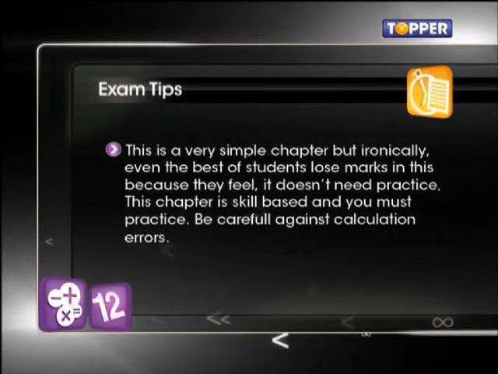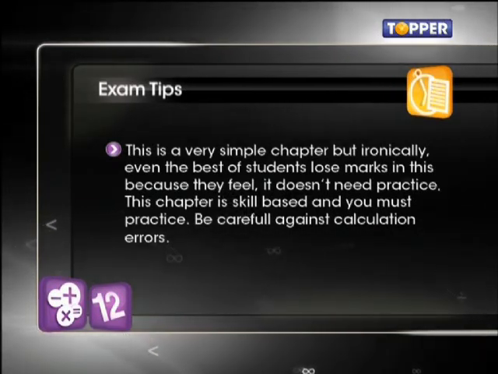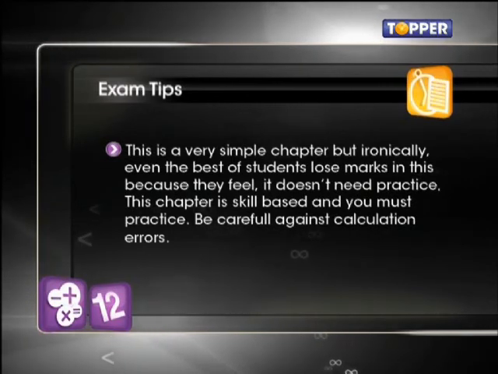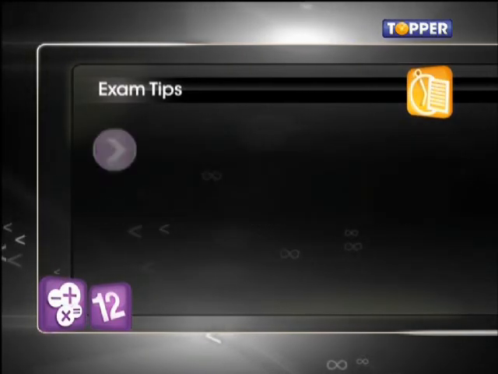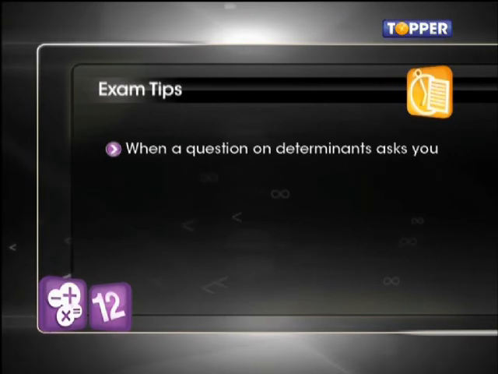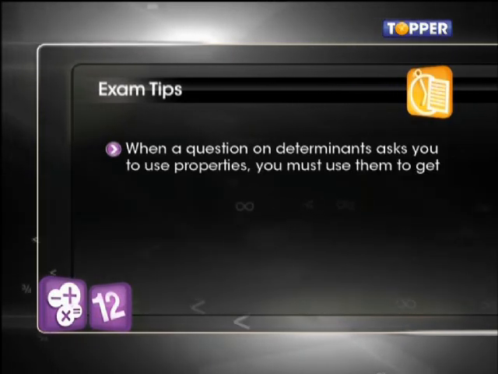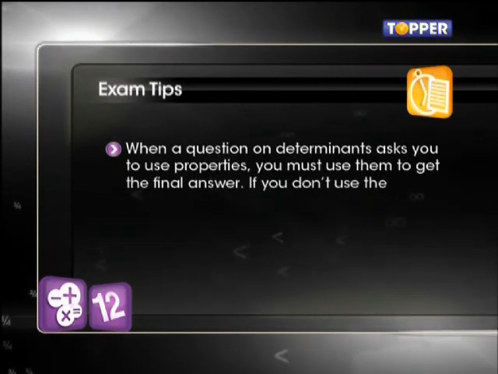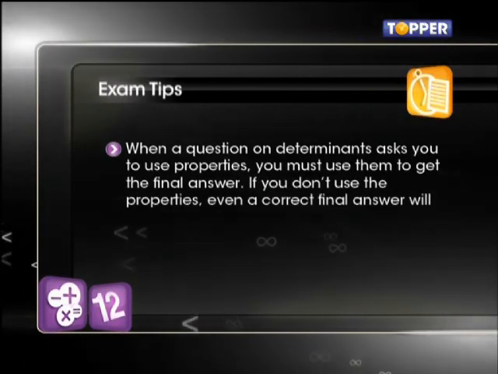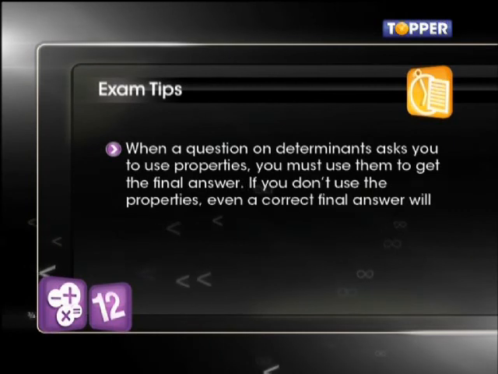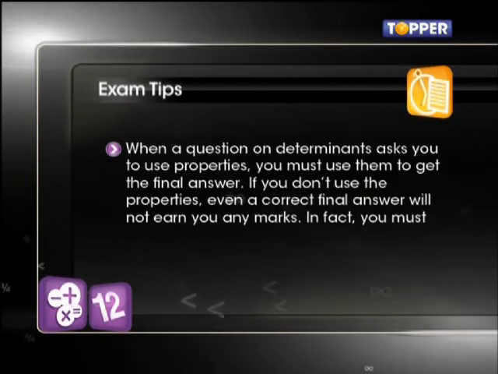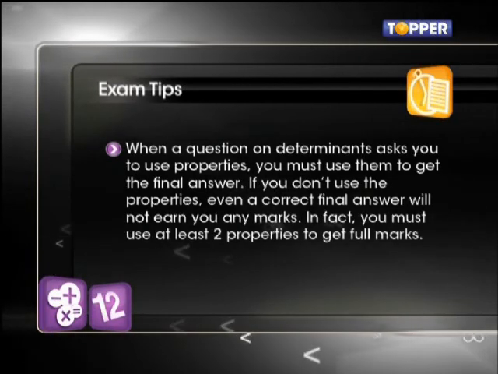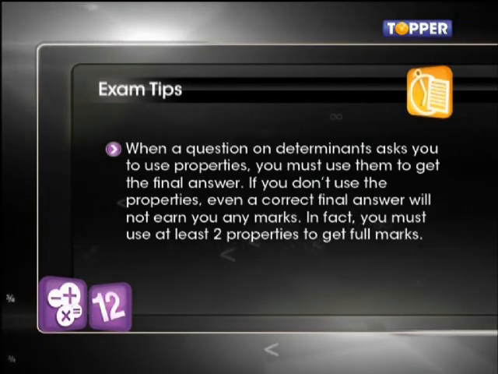Since this chapter is skill-based, please do as many sample questions as possible. Do calculations carefully. When a question on determinants asks you to use properties, you must use them to get the final answer. If you don't use the properties, even a correct final answer will not earn you any marks. You must use at least 2 properties in your answer to get full marks.